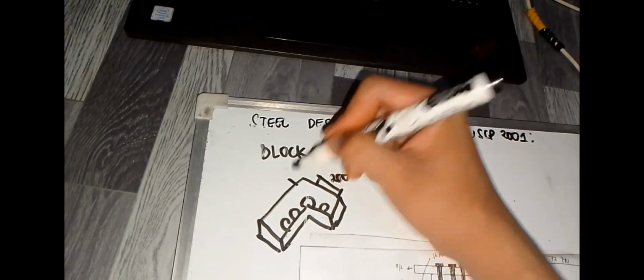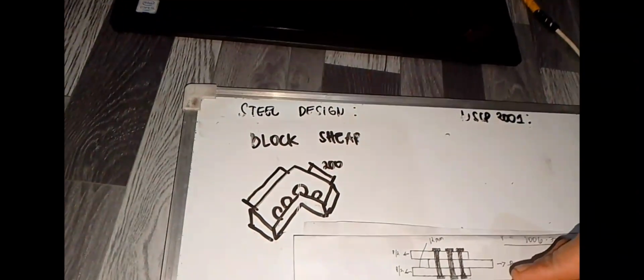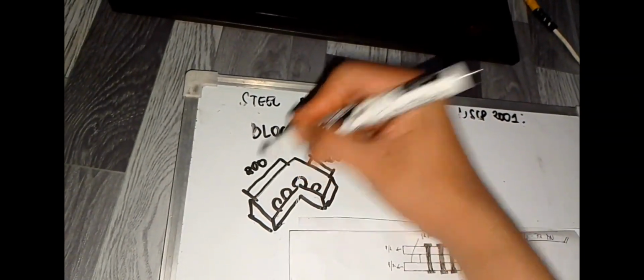The distance from there to there is also 80 plus 80 plus 40, which is also 200.